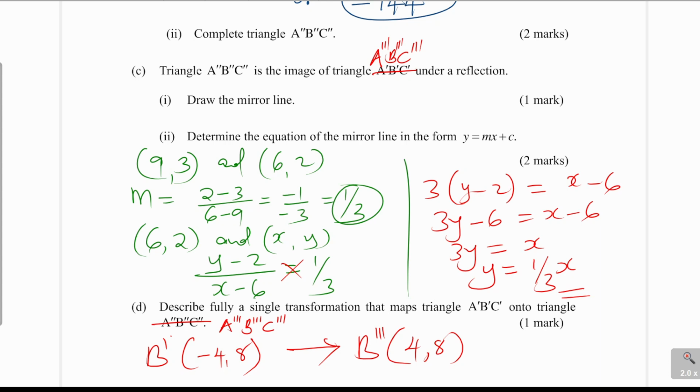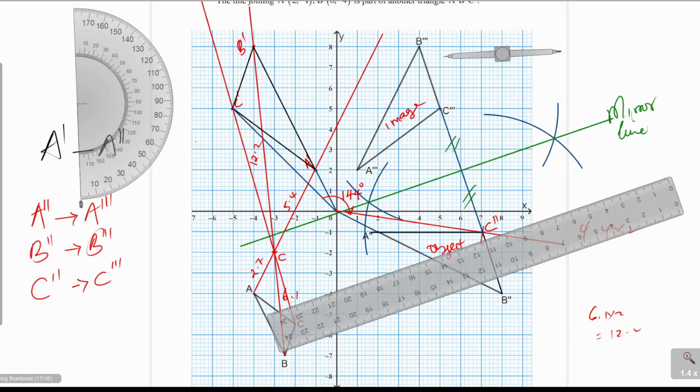So look at the points. The x coordinate changes the sign, but the y coordinate remains the same. So which transformation has that property? That is simply a reflection along the y-axis. So in this case, the y-axis is acting as the mirror line. And you can see the property of reflection is that the object and the image are equidistant from the mirror line.